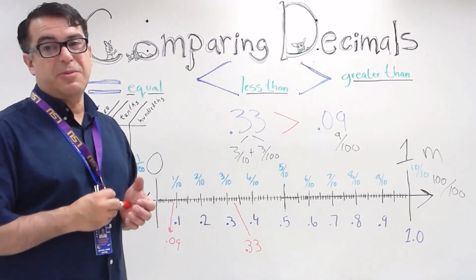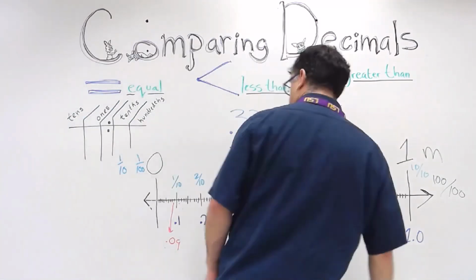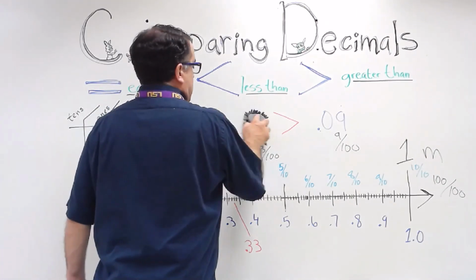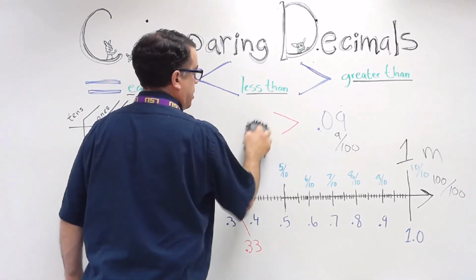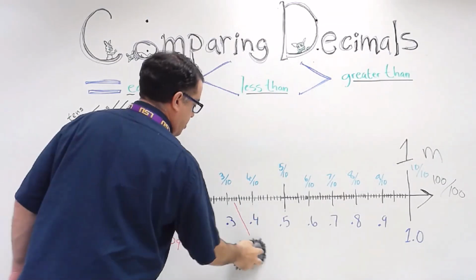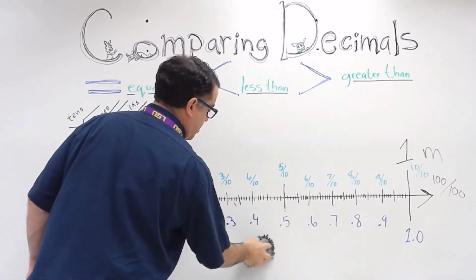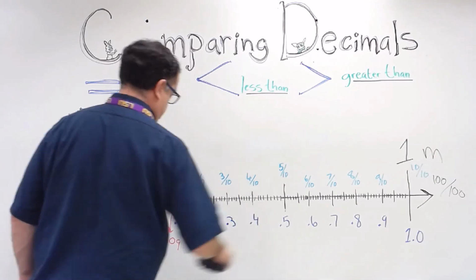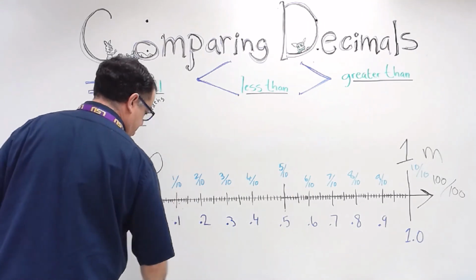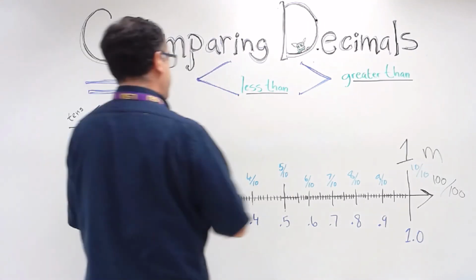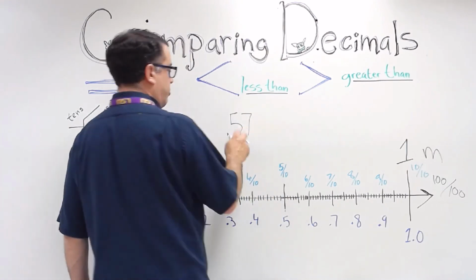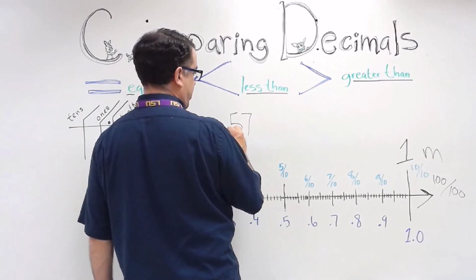All right, let's look at one more today. Okay, last one here. Let's compare hundredths to hundredths. When you're comparing hundredths to hundredths, it's much, much easier. So if I say 57 hundredths, or we could say 57 cents is another way of looking at it.